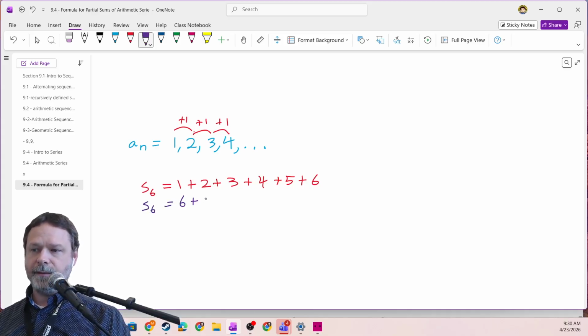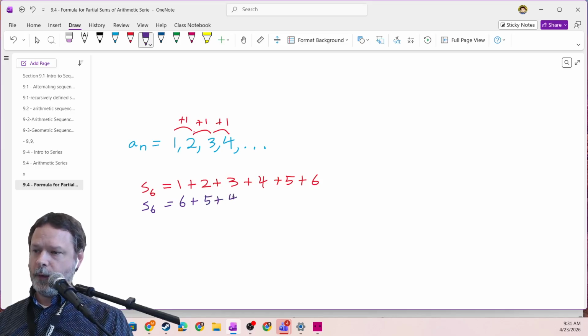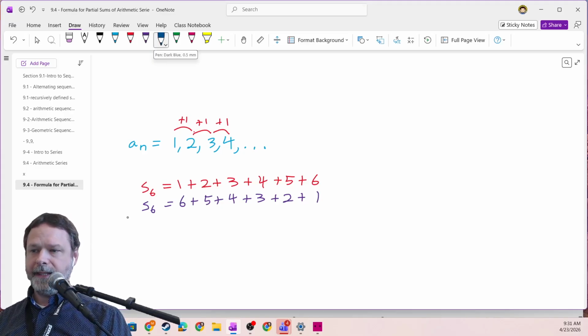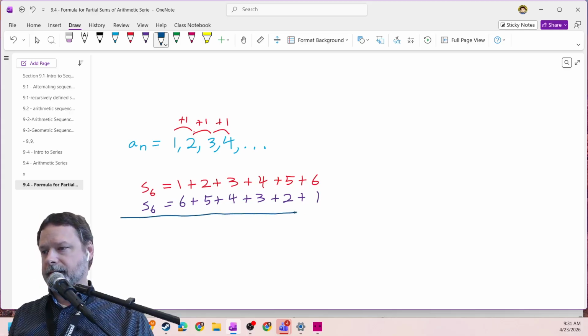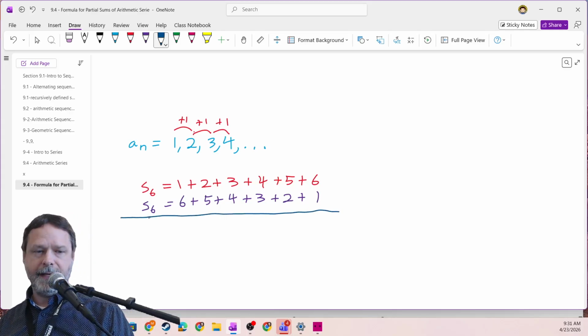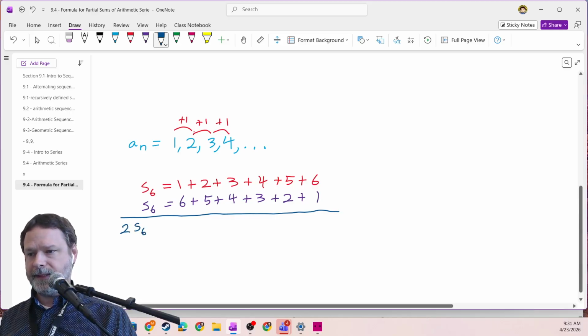But I'm going to write it this way: 6 plus 5 plus 4 plus 3 plus 2 plus 1. And what I'm going to get then, and this is an algebra step here, I'm going to go ahead and add straight down. And I'm going to have 2 of these S sub 6s.